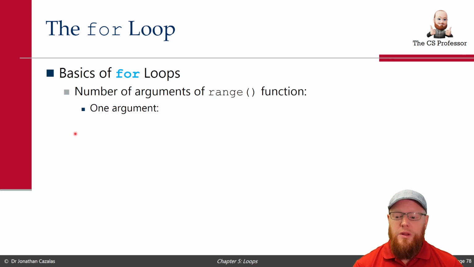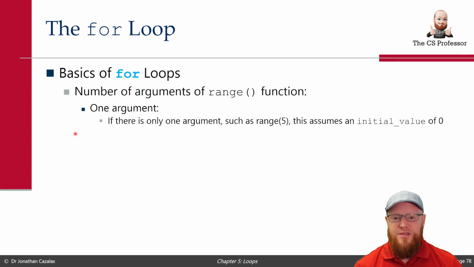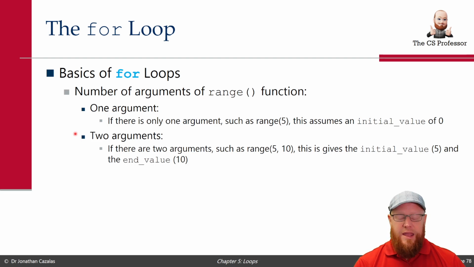So if we have only one value inside the parentheses, such as range 5, this assumes an initial value of 0. If you have two values inside the parentheses, such as 5 and 10, 5 is your initial value and 10 is your ending value, but of course we always go from 5 up to 1 less than that ending value.